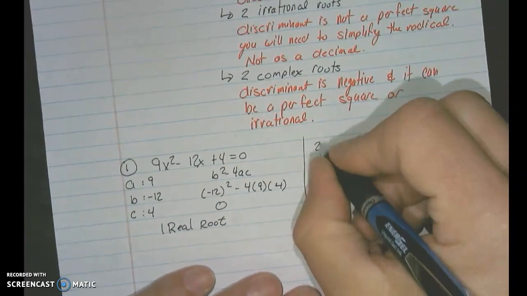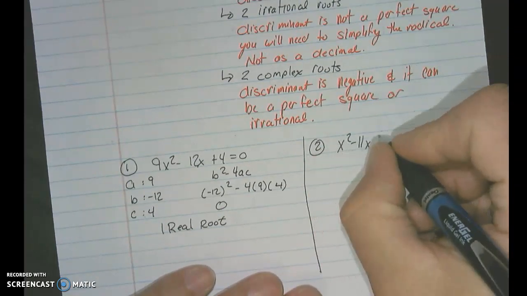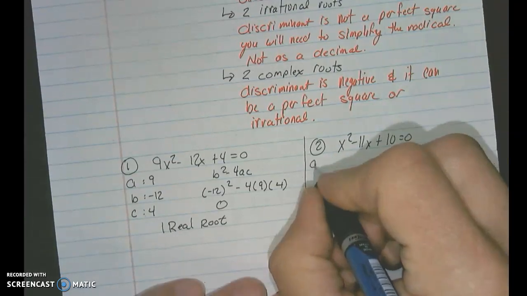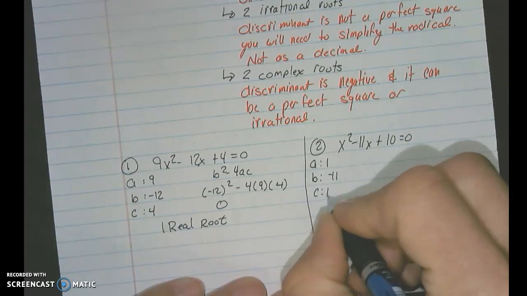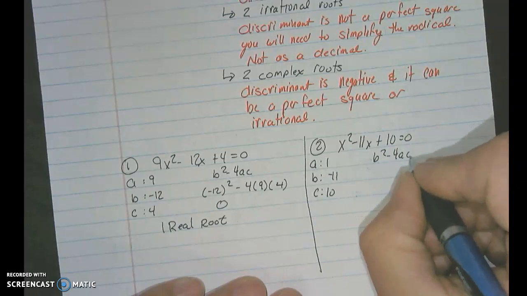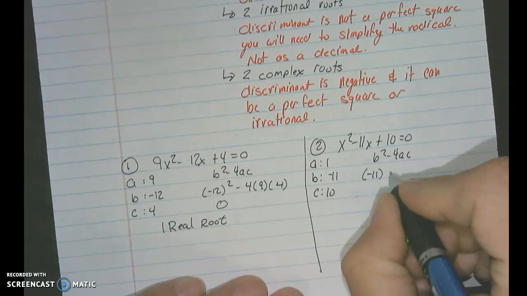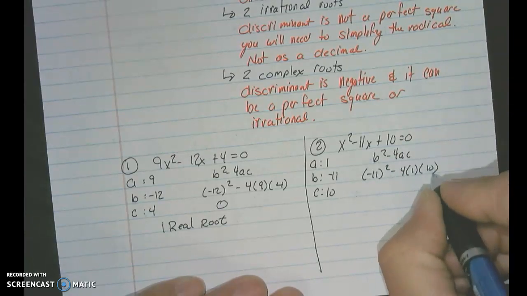And then our second example is x squared minus 11x plus 10 is equal to 0. So you can come out here and put a, b. So we would go with b squared minus 4ac. So again, negative 11 squared minus 4 times 1 times 10.